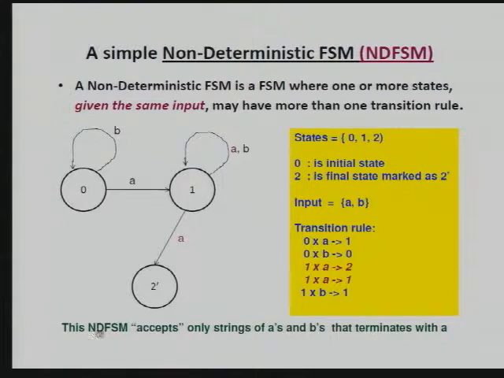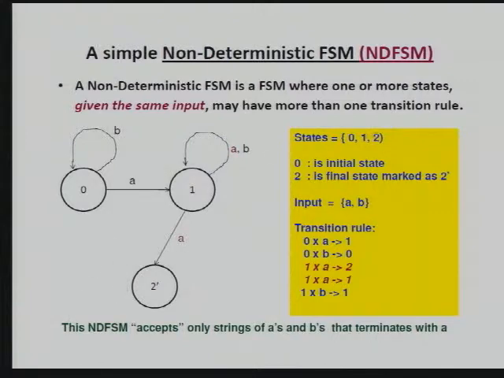This non-deterministic finite state machine accepts strings of A's and B's and terminates with an A. These strings can be of various lengths. You can define that.